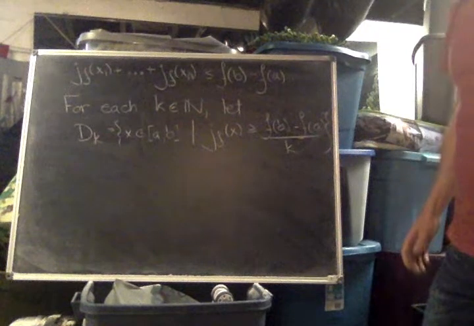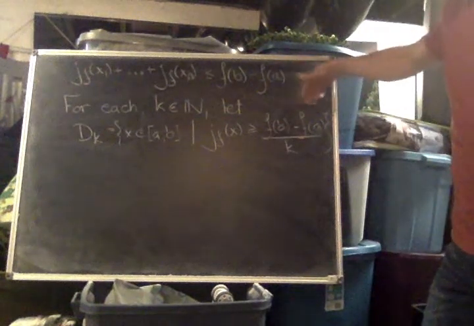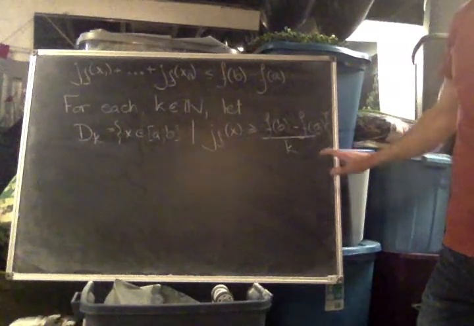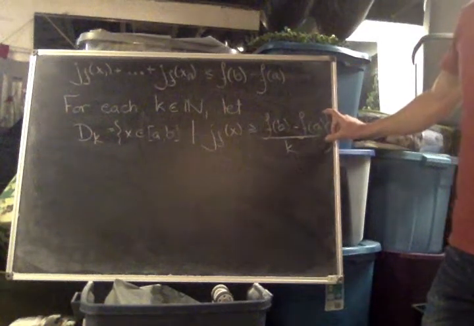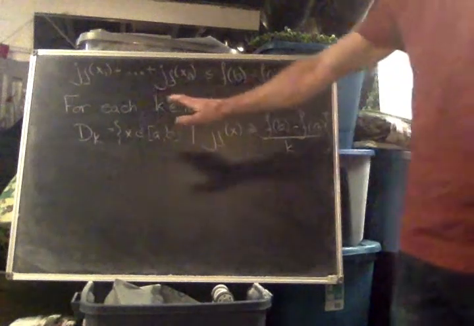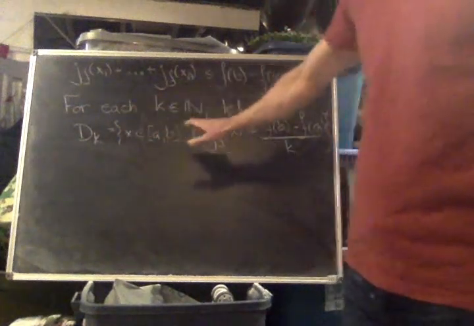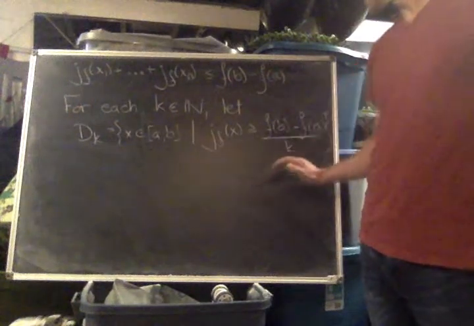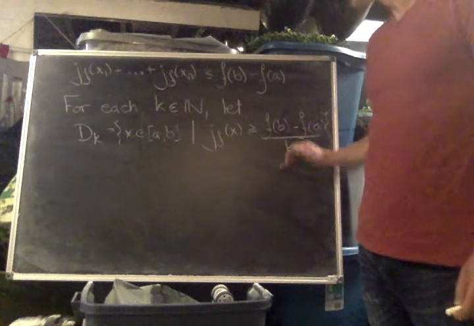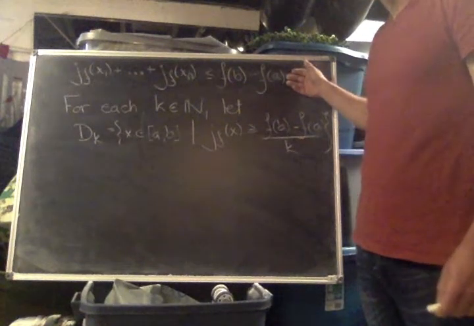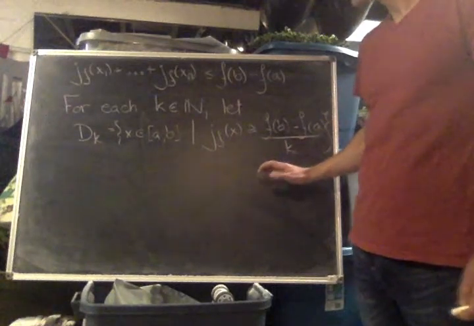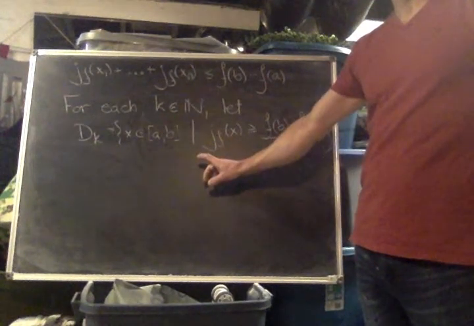In other words, you take the total distance from f(b) to f(a), chop it up into k equally sized parts, that's 1/8 of that distance if k is 8. Then you're going to look at the set of all the points in the domain where the jump is at least that big. Then what this inequality up here tells you is that there cannot be more than k of these points.